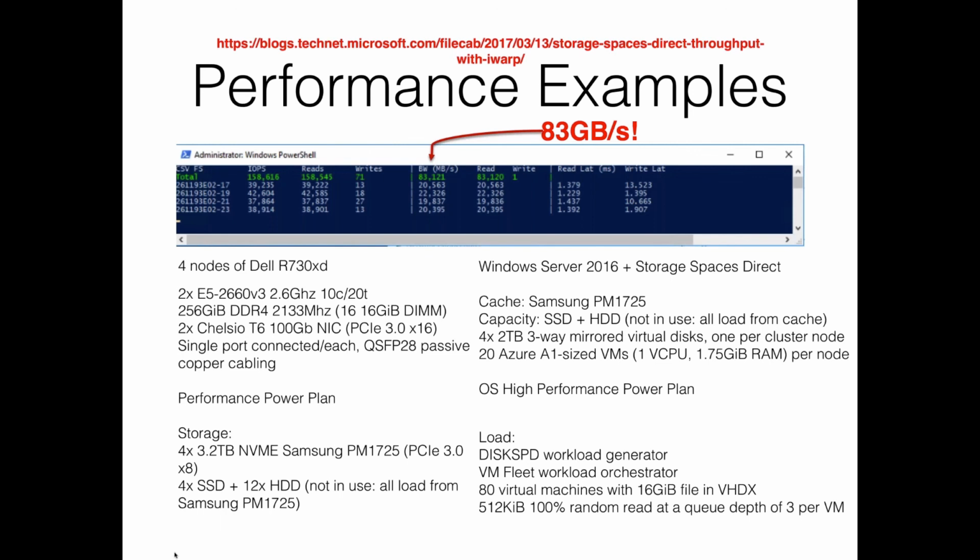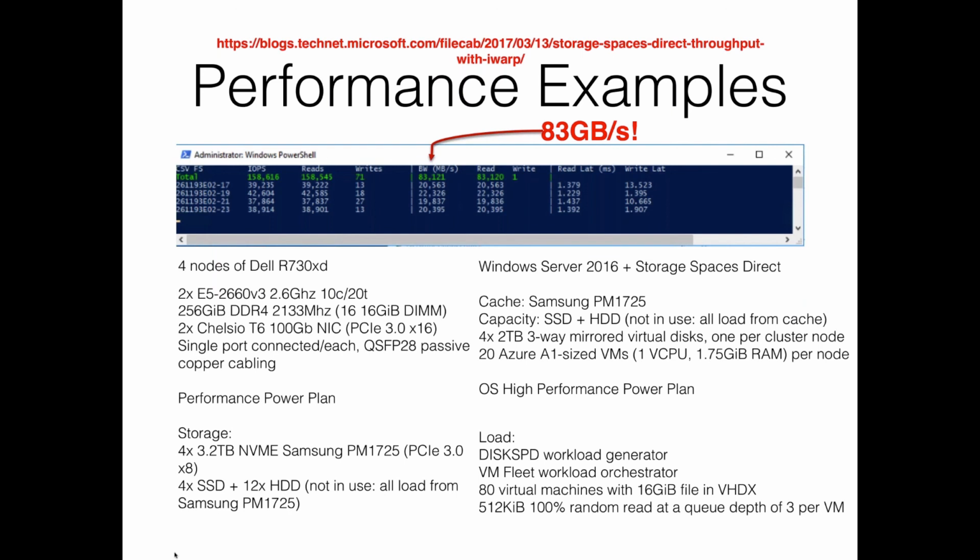This is one of the more recent ones. At the very top, you can see a red link out into our file cabinet blog where we shared all of this. And we'll look at that blog post directly and actually find other results that discuss Chelsio as well. But this is one we're particularly happy about. This is a 4-node cluster using Dell R730XDs.